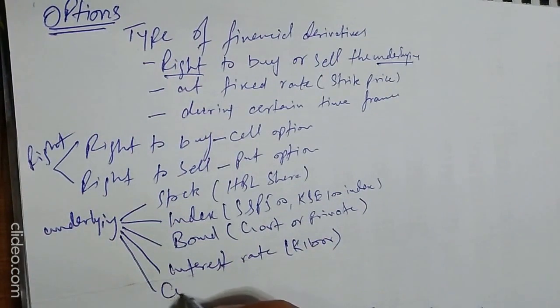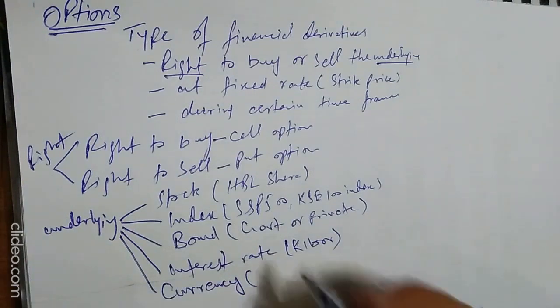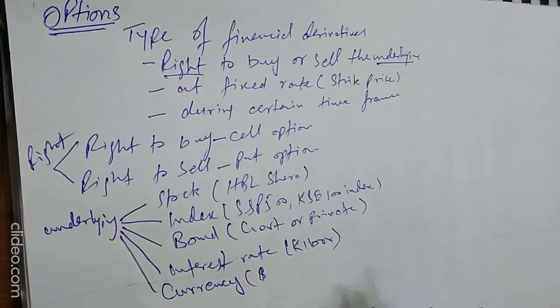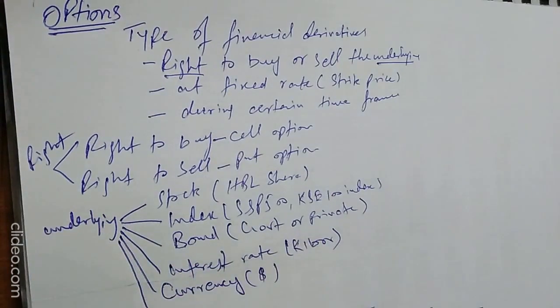Next is currency. Currency also can be an underlying, like any foreign currency. Assuming I am from Pakistan, any foreign currency like dollar, yuan, yen, pound can be used; it depends upon the country in which I am dealing my transactions.